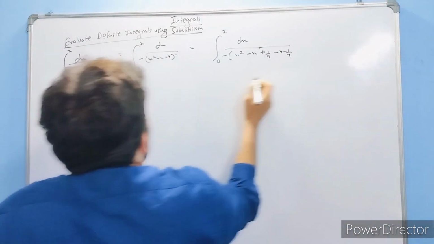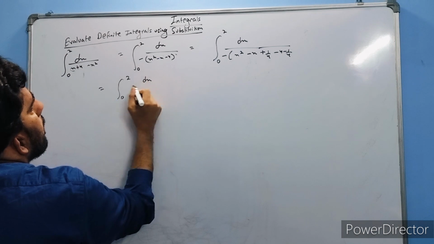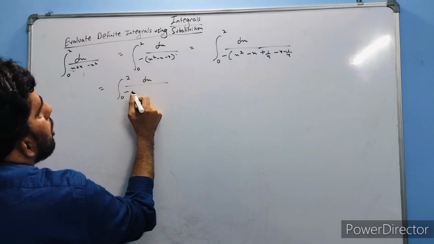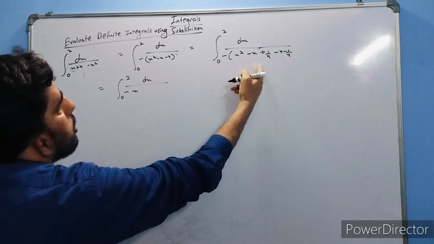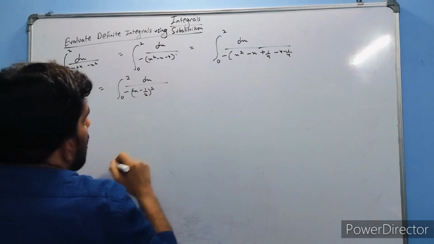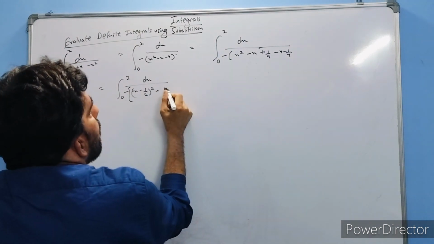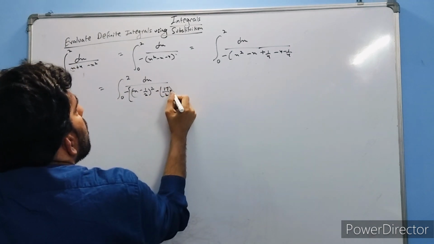Okay, so now my next step will be the integral from 0 to 2 of dx upon, here I will get x minus 1 upon 2 whole square, and here I will get minus 17 upon 4 under the square, that is 17 upon 2 whole square.